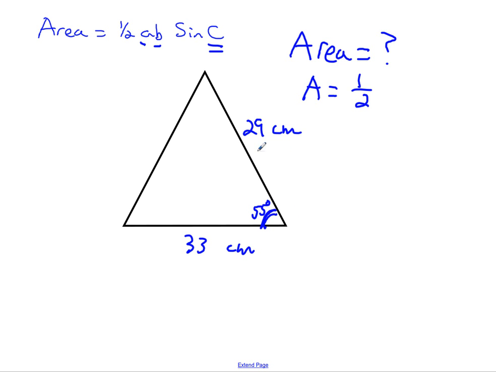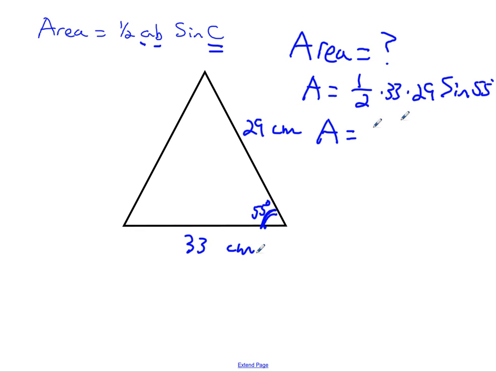What's important is that the two legs of the angle that you're working with here, sine C, are the a and b in your formula. So I'm going to call 33 a and I'm going to call 29 b. And then I'm going to use my calculator and sine of 55 degrees.